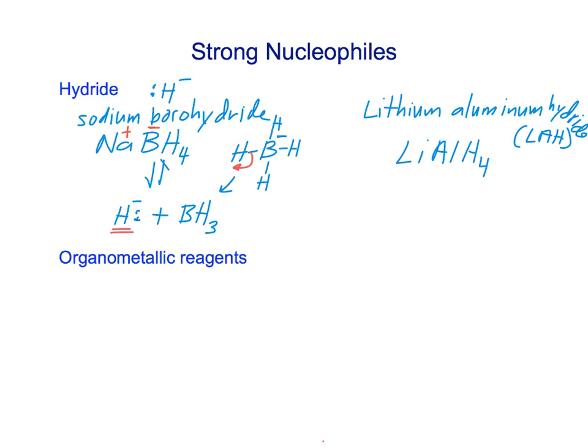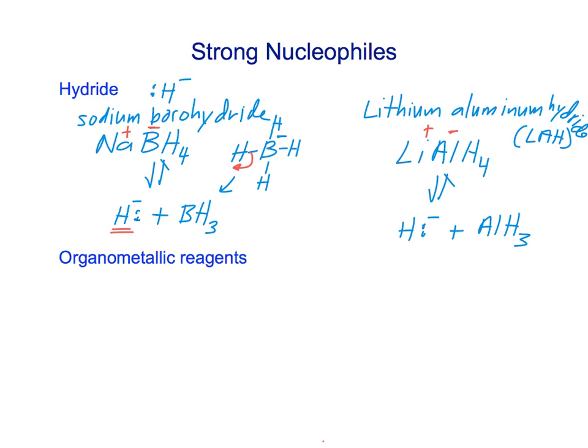Lithium aluminum hydride essentially functions the same. The lithium has a plus, the aluminum has a minus. If we just look at the aluminum part, we'd have a hydride plus aluminum hydride like this. Aluminum is directly below boron in the periodic table.